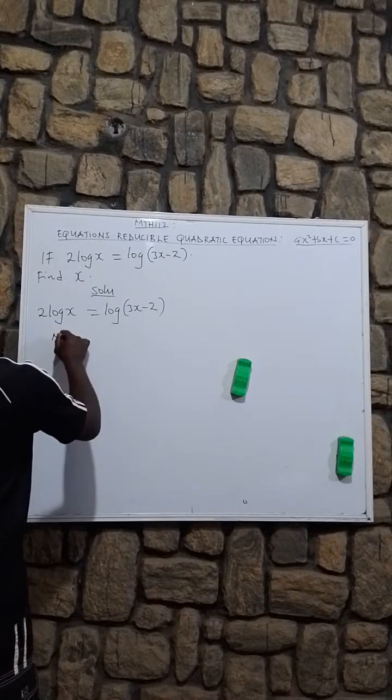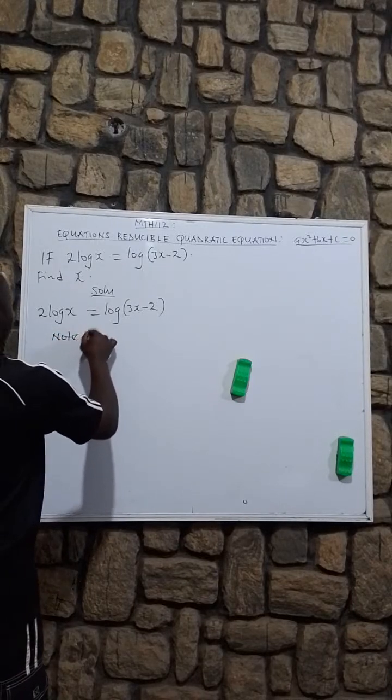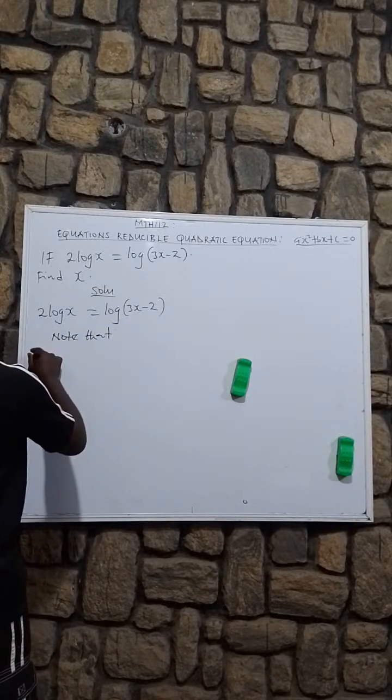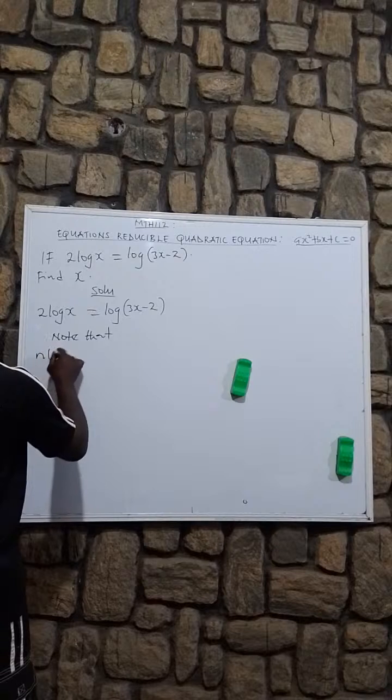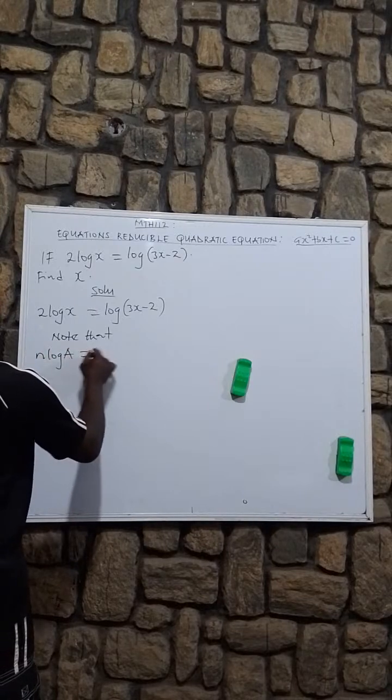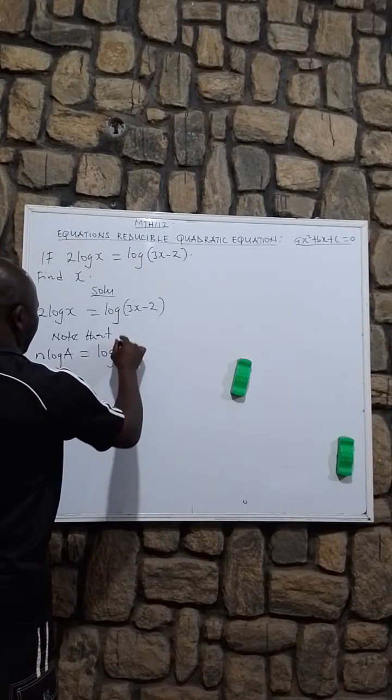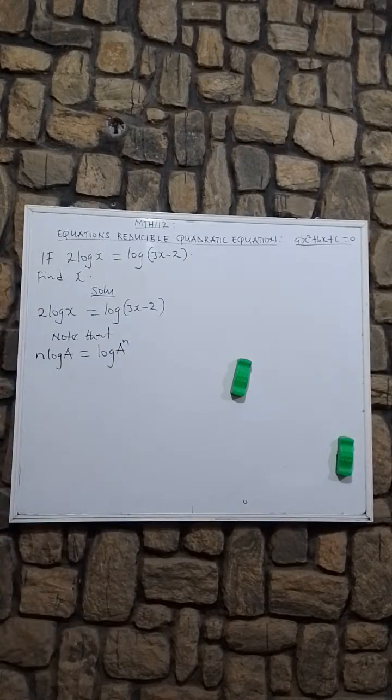Note that in laws of logarithms, when we have n log a, this is the same thing as log a raised to the power of n. True or false? It's true, right?